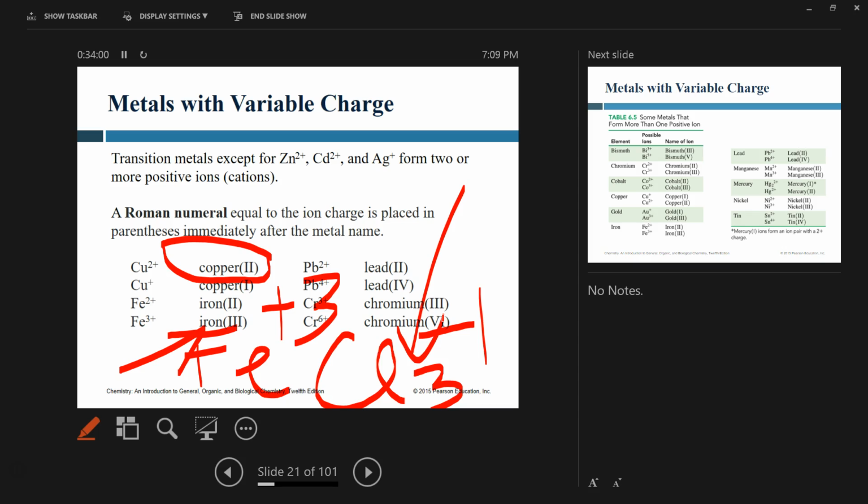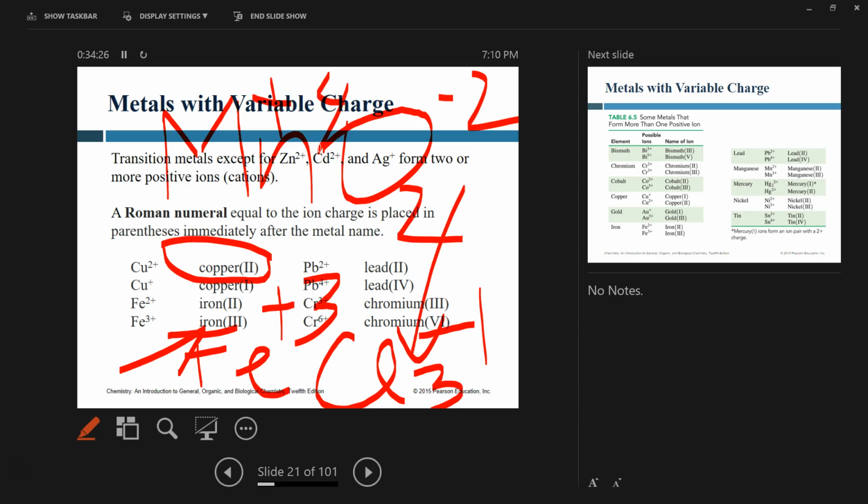That makes sense? Let's do another one. MnO2. What's the charge of oxygen always? -2. So what's the total negative charge here? -4. What should be the charge on manganese? +4. So when you write down the name, first of all, what's going to be the name of the anion?